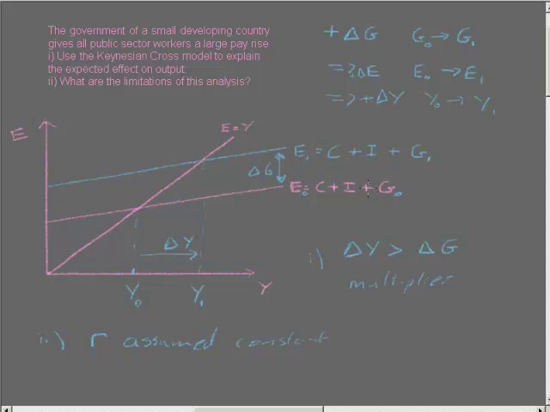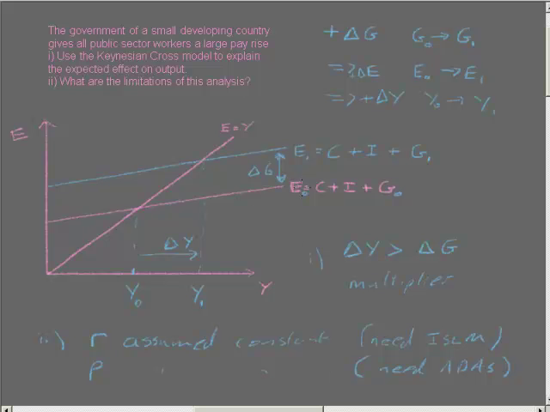So that would complicate the results. If we wanted to look into that, you'd need to go further and look at the IS-LM model. The other assumption we've made is that there's no change in the price level. And for that you need to look at the AD-AS model.